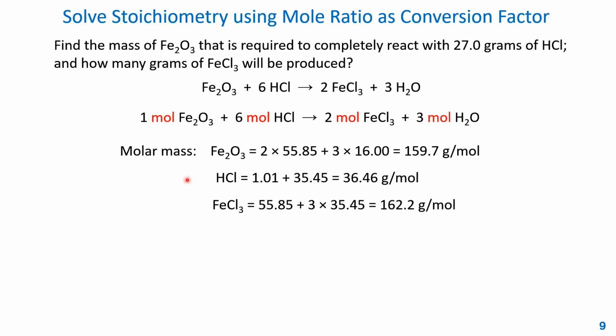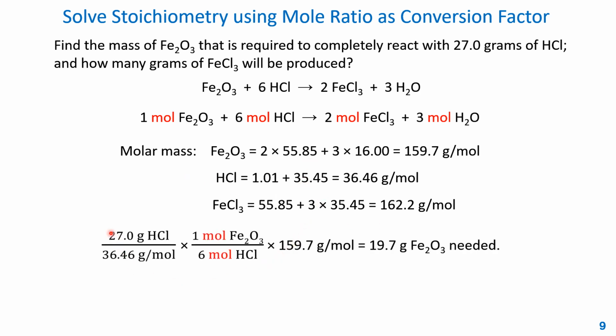Now you need to convert the mass of the hydrogen chloride, mass over molar mass, that gives you moles, and then convert that to moles of iron(III) oxide using this mole ratio of the iron(III) oxide to the hydrogen chloride, 1:6.